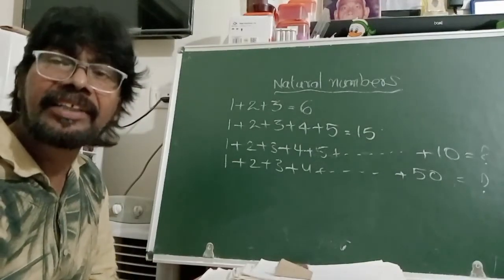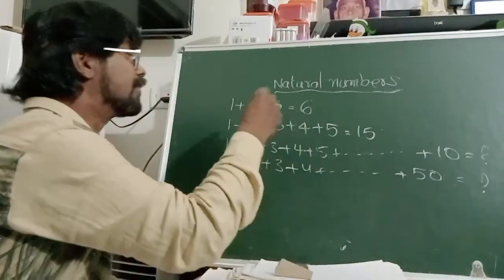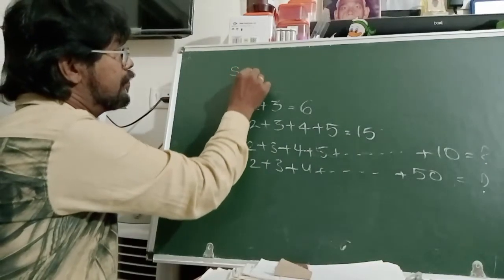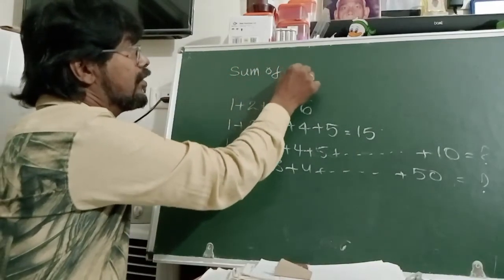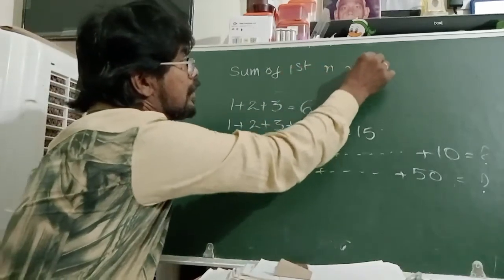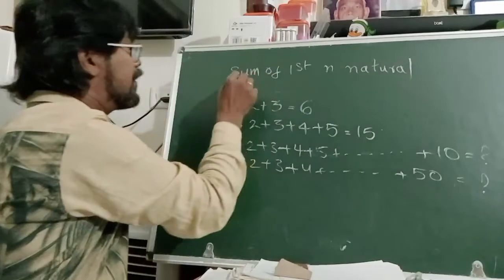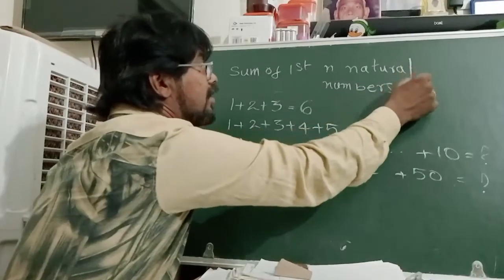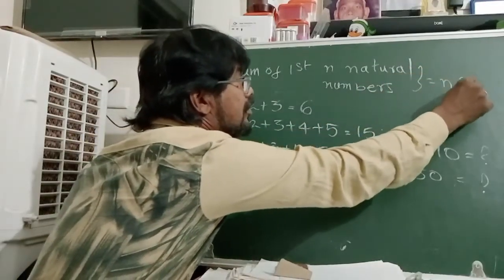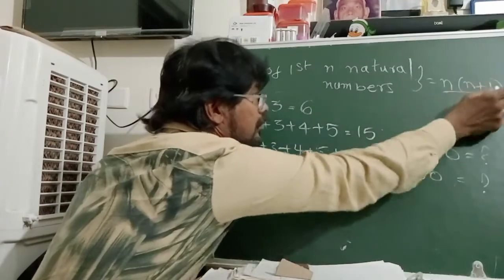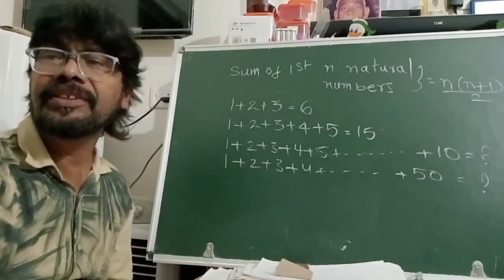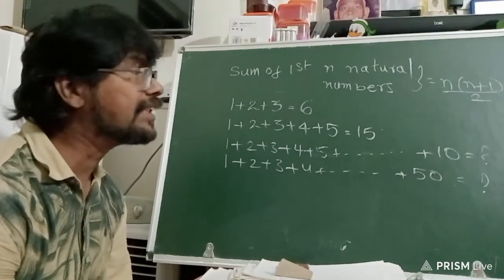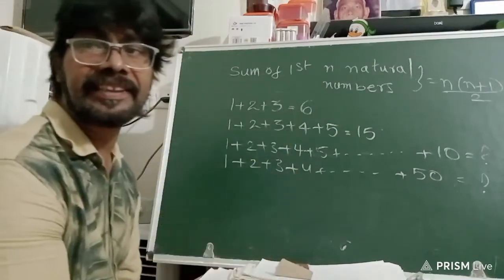I will write here: sum of first n natural numbers is n into n plus 1 by 2. That is the formula. By using this formula, we can easily find the values of these series.